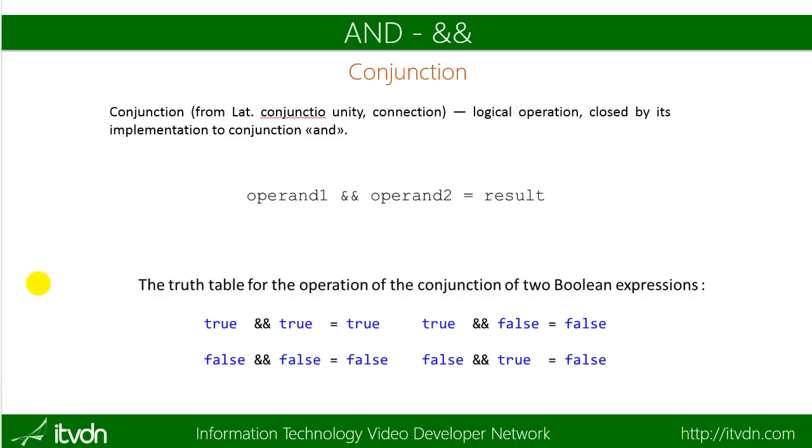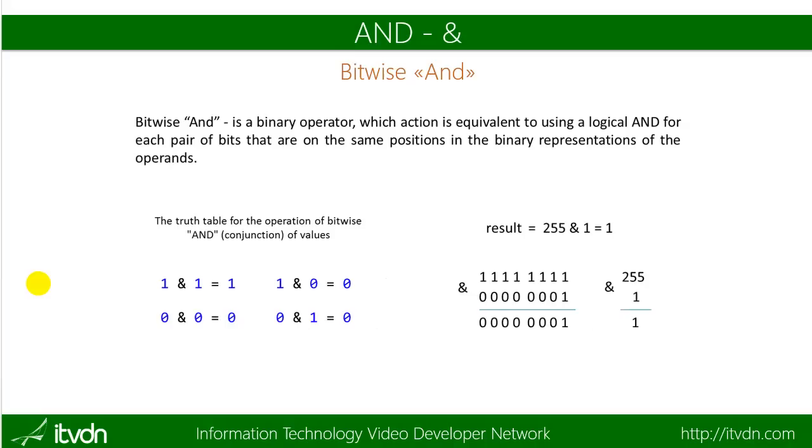Now, let's move on to bitwise conjunction and see. Bitwise AND is a binary operator whose action is equivalent to using a logical AND for each pair of bits that are on the same position in the binary representation of the operands. What this means is very simple. I told you that we have ones and zeros for bitwise conjunction, or bitwise AND.